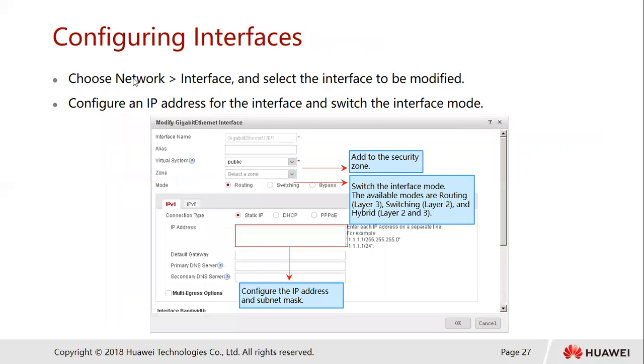Configuring interfaces. So this is now the graphical user interface, the other way of how you can configure Huawei devices. This is the simpler way, where you write the interface name there. Virtual system, of course, is public. And then you can select the zone.